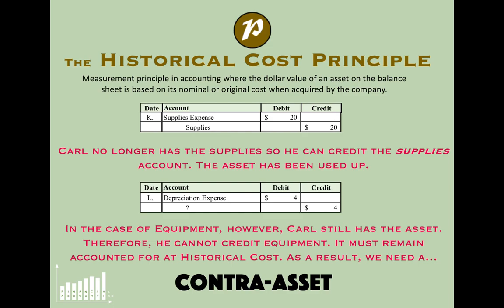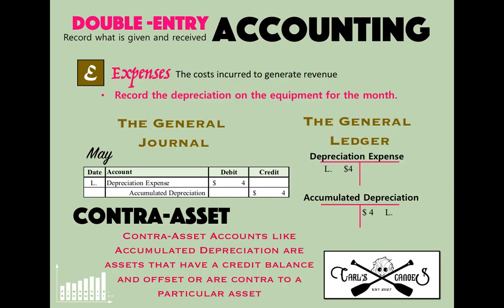This is a new type of account for us. It's a new type of element. A contra asset account, like this one that we use for depreciation, called accumulated depreciation. Contra asset accounts, like accumulated depreciation, are assets that have a credit balance, an offset, or are contra to a particular asset.